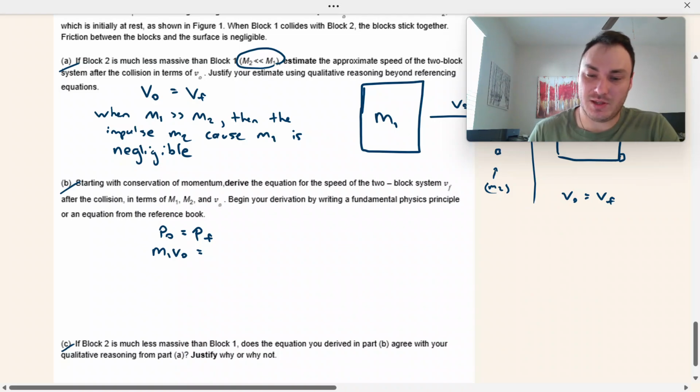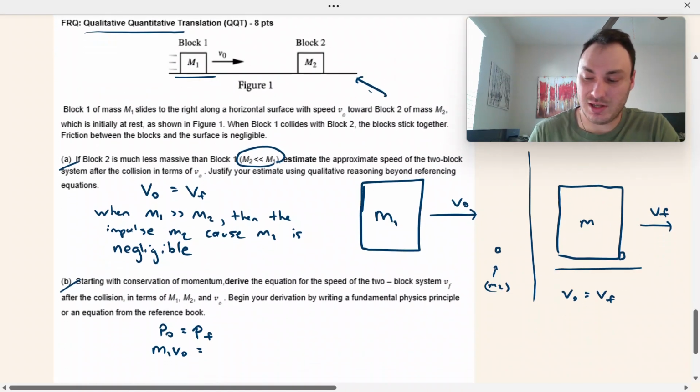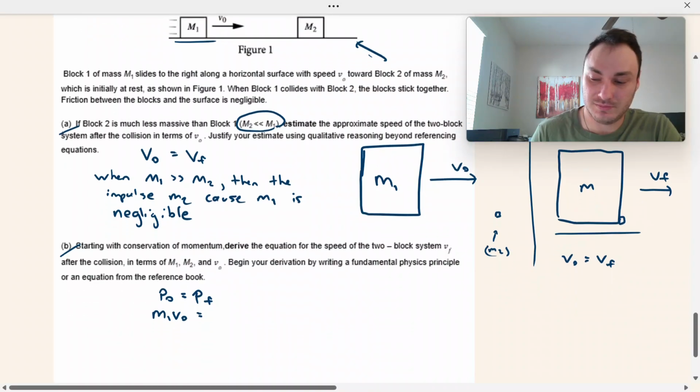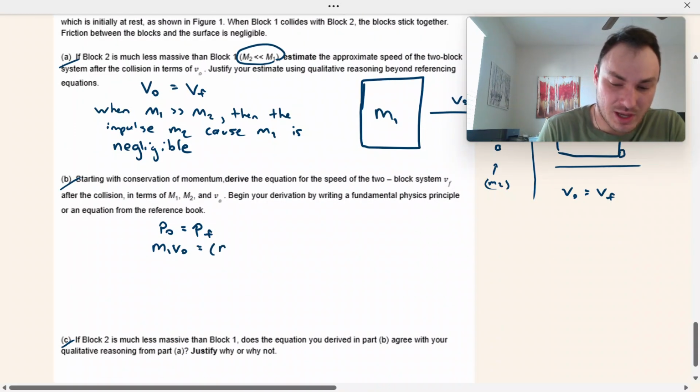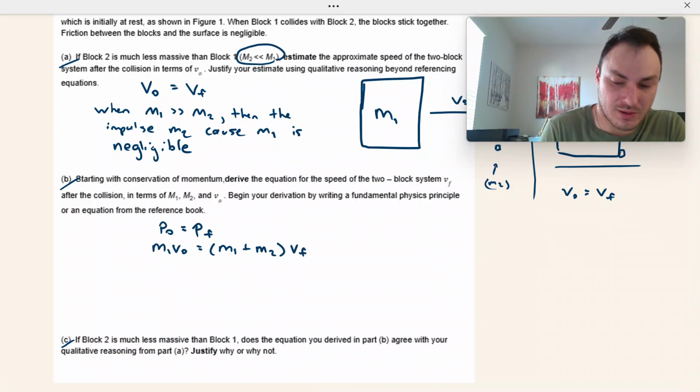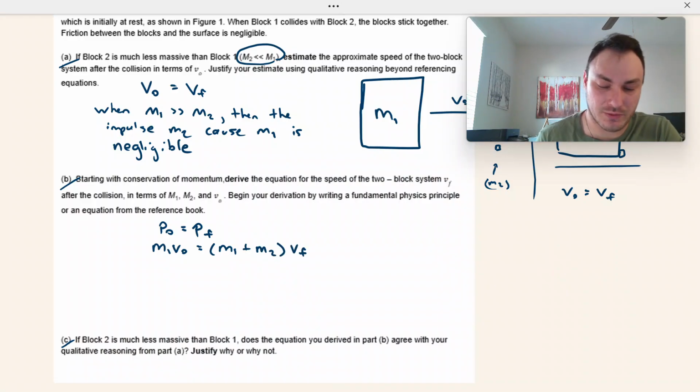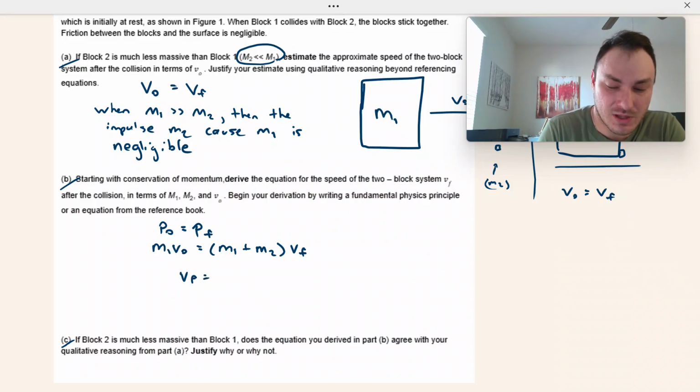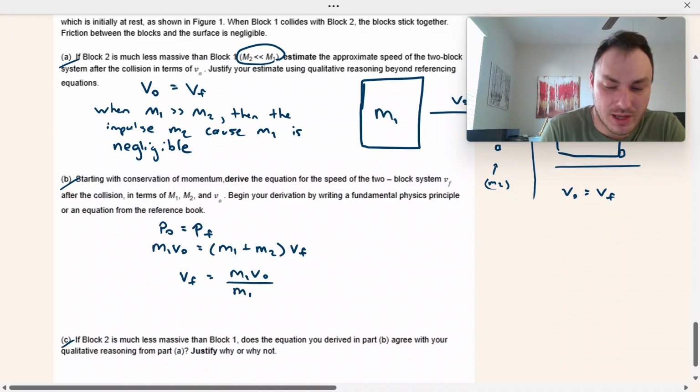Final momentum is going to be these two blocks sticking together, which is (m1 plus m2) v final. And we're going to solve for v final. So v final equals m1 v naught over (m1 plus m2).